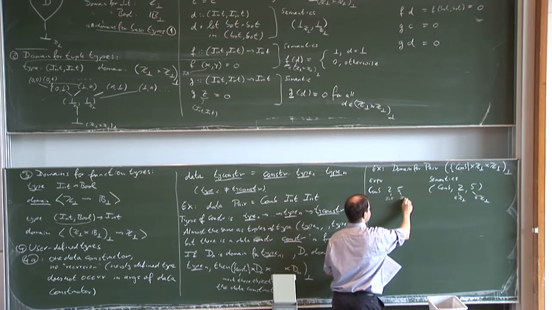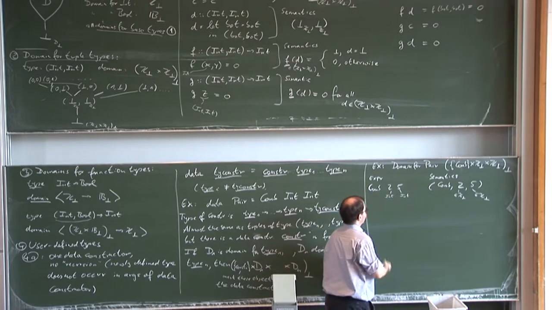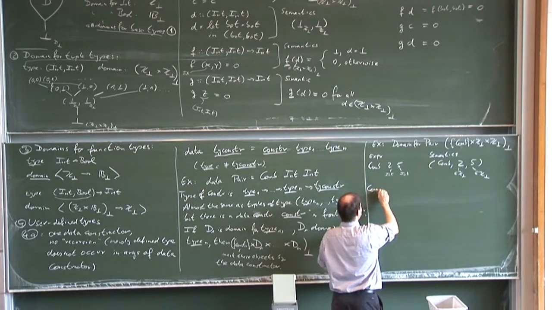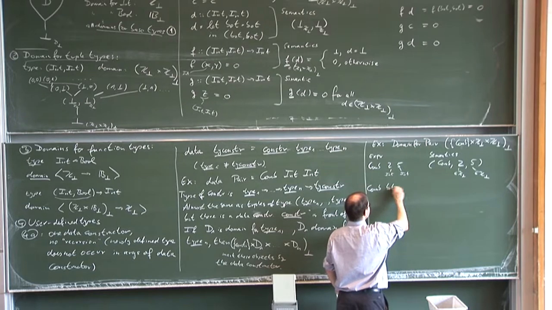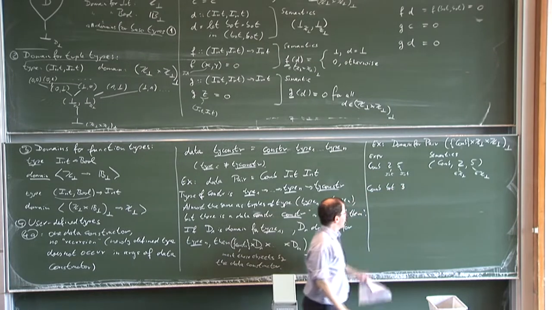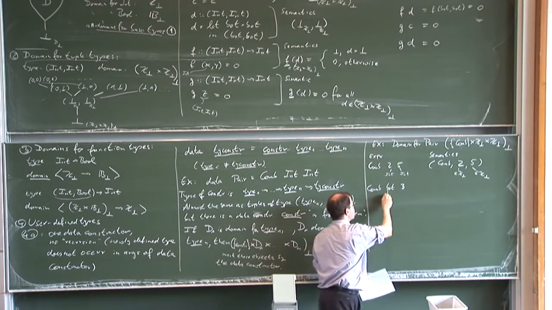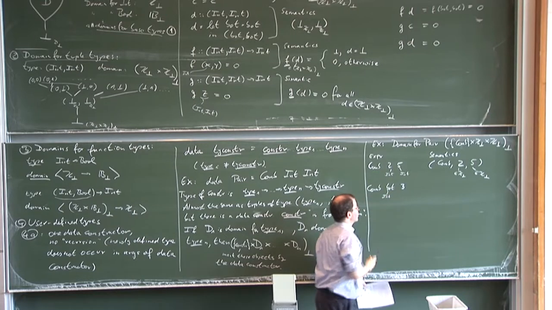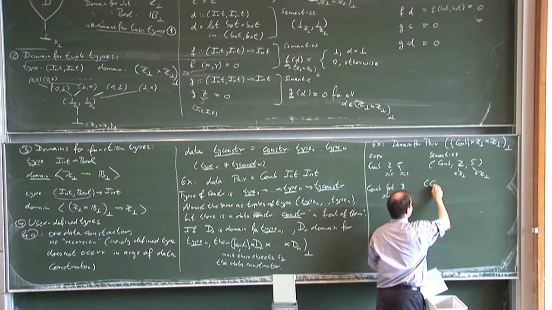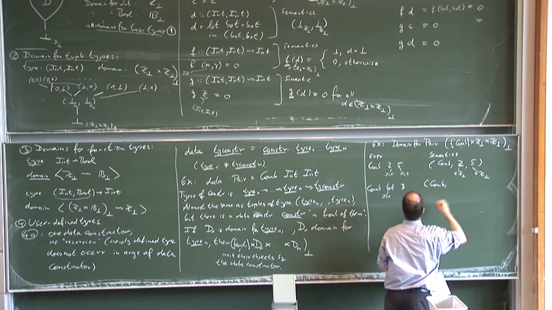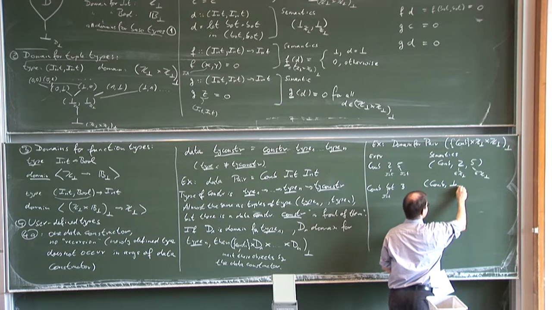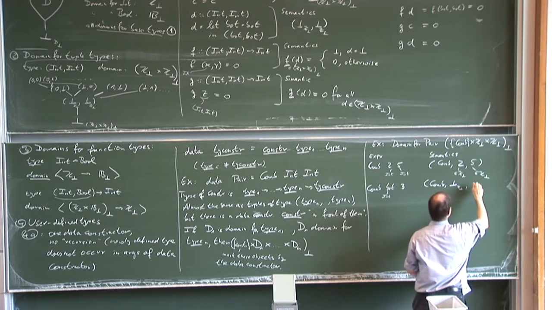Or another example, comp of bot 3, where bot is again an expression of type int. Now the semantics would be the triple, the first element is comp, the second one is bottom of Z bottom, and the last one is the number 3.